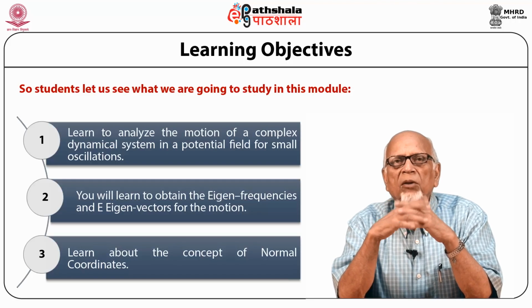of normal coordinates. So far, we considered the motion of a particle with few degrees of freedom in a central force field and solved the Lagrangian equation of motion to study its dynamical evolution in space and time.